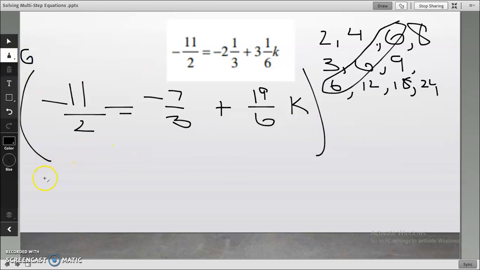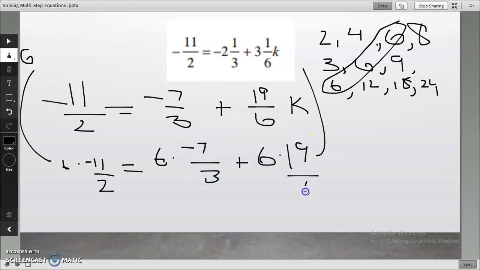So let's do that. So I have 6 times negative 11 over 2 is equal to 6 times negative 7 over 3 plus 6 times 19 over 6k. You have to multiply everything by the 6, right, to get rid of your fractions.